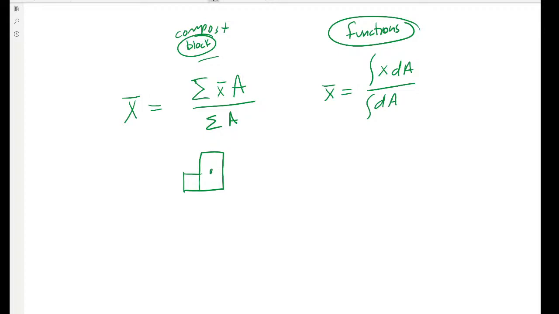So if you do those, you'd find the centroid here and here. And then you would go through this formula. And by the way, if you want to find the Y bar, it looks like this. Not too surprisingly. If you want to find the Y, you do like that.